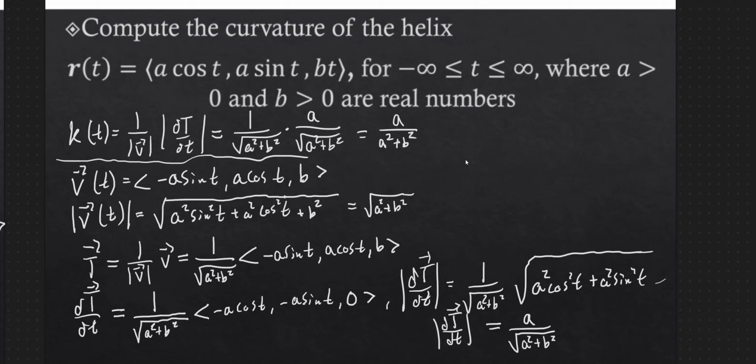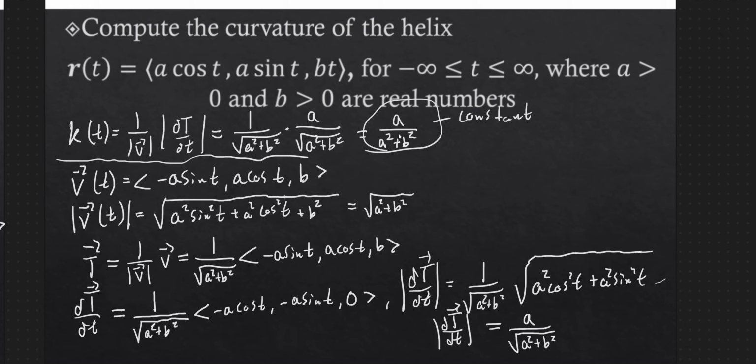So some things to notice here. This is great. We got our answer. That's the curvature. Some things to notice and compare to your hypotheses at the beginning of this, or your predictions of what was going to happen. This is constant. So at any point on the curve, it's the same curvature.